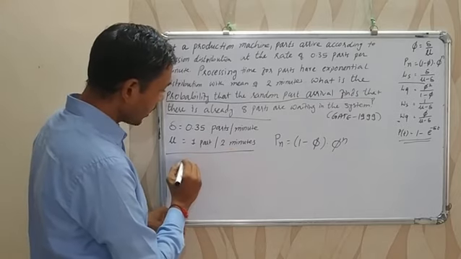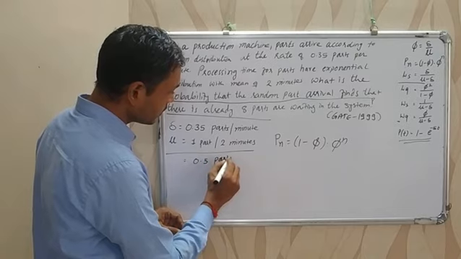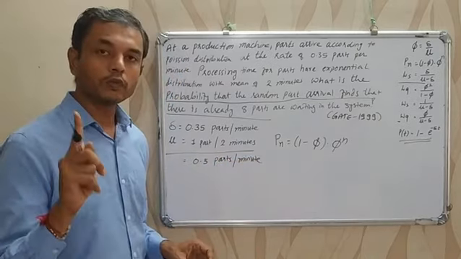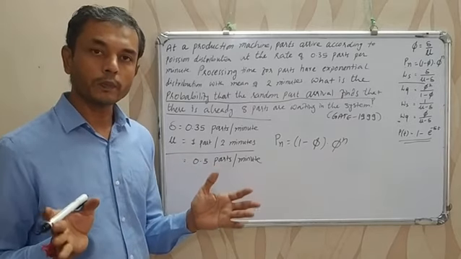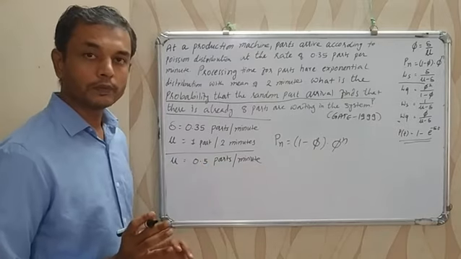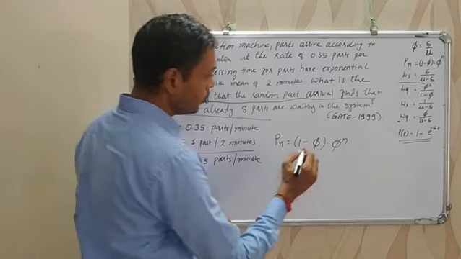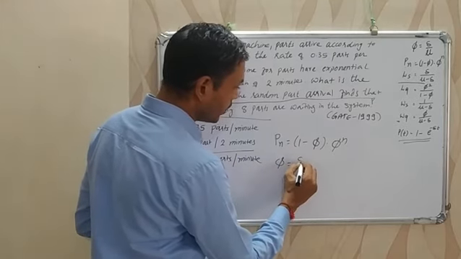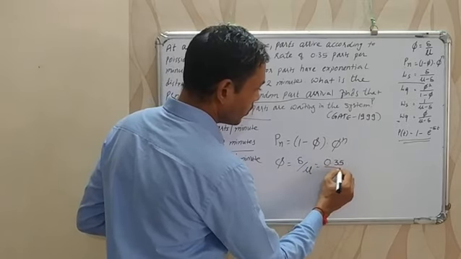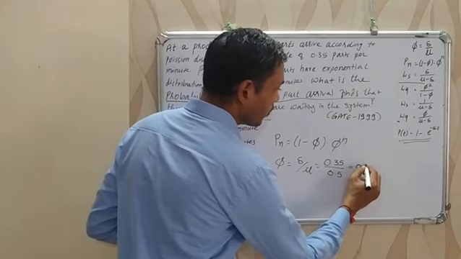So we can say that it is half a part, 0.5 parts per minute, because in 2 minutes it is processing one part, so in 1 minute it is processing 0.5 part. So mu is equal to 0.5. Now the utilization factor rho is equal to delta by mu. So it is 0.35 divided by 0.5, which is 0.7.